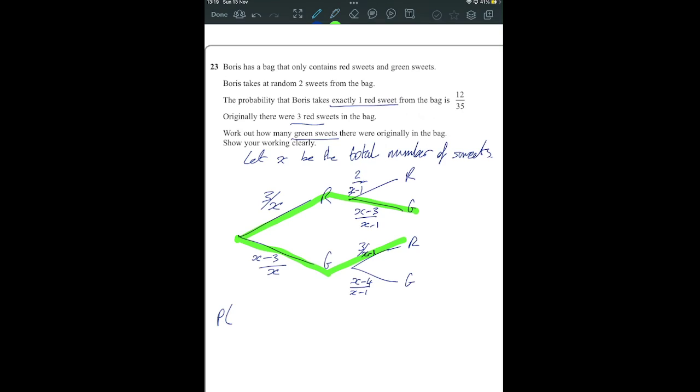So now the probability of 1 red, from our picture, we could take that top branch, remembering we multiply it across the branches, or the bottom branch, and remembering if we take multiple branches, we add those branches.